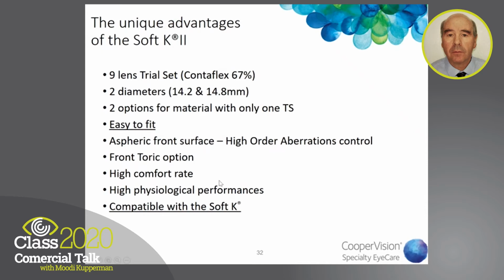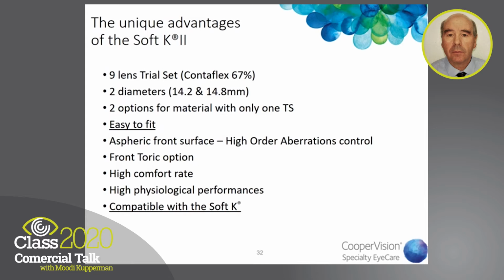We put the lens on, and we will see in the next slides how we start fitting the lenses. The lenses have a spheric front surface in order to control the higher order aberrations. There is a front toric option if we need the refraction to be toric as well.